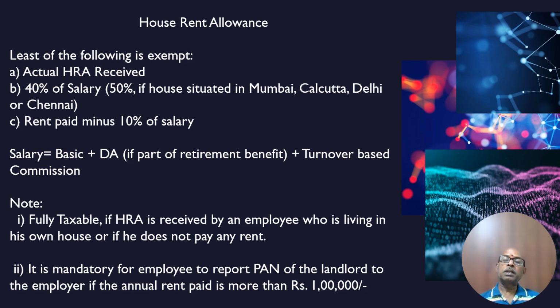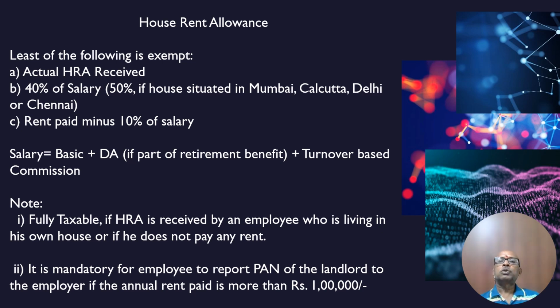If private, they don't have any DA component for their retirement benefit, then it is only basic pay. If their retirement components like gratuity are paid with DA calculation, then their salary will be basic pay plus DA, and that value will be kept as one part, and rent should be paid more than 10% of that, not more than that, more than 10% of that.